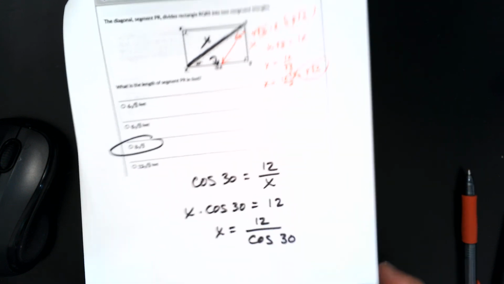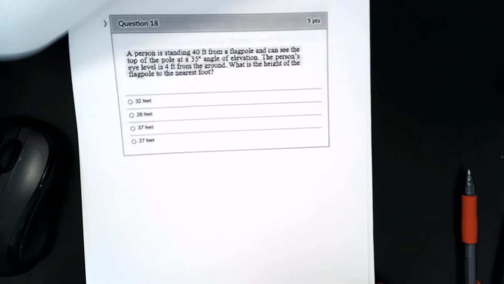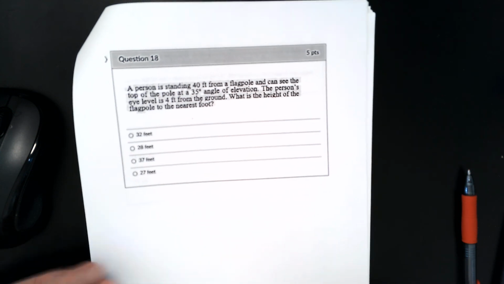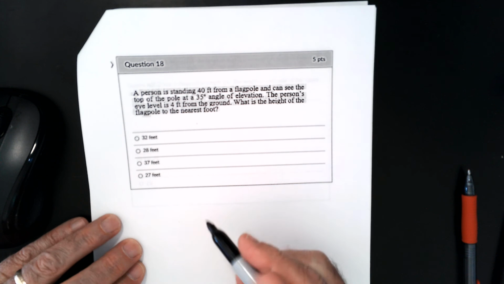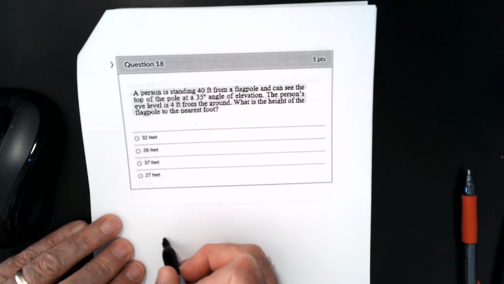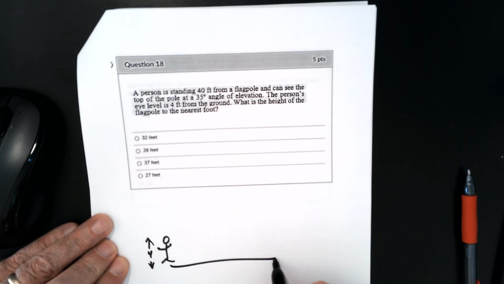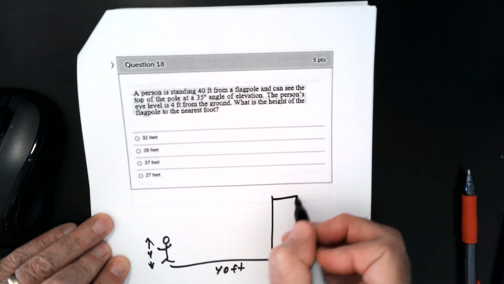All right, so let's go 18. Oh, good, more of these sketching ones. I like to sketch. All right, a person is standing 40 feet from a flagpole and can see the top of the pole at a 35-degree angle, but his eyeball is 4 feet from the ground. And let's see, he's standing 40 feet from the flagpole.